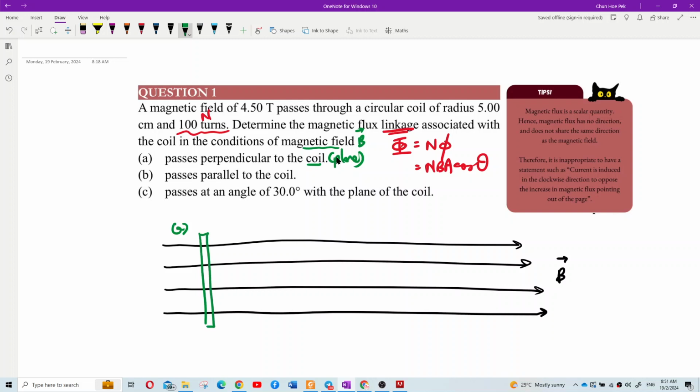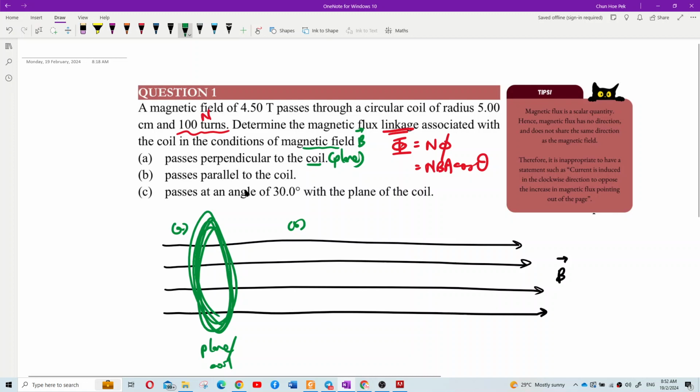Or I draw like this, perpendicular to the coil. Okay? For perpendicular to the coil, this is called the plane or the coil. If B is parallel to the coil, the field is parallel to the coil, that means like this.